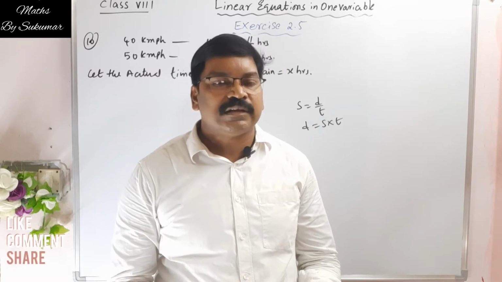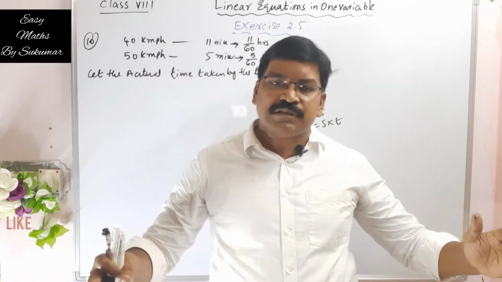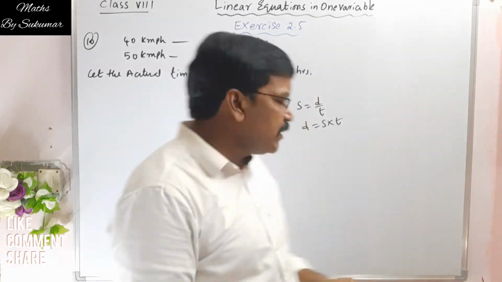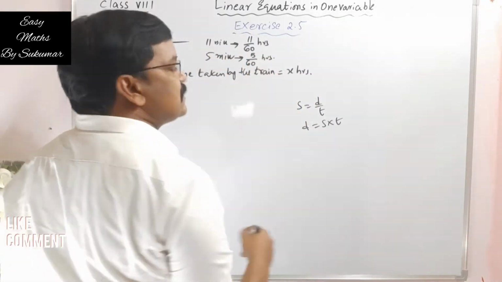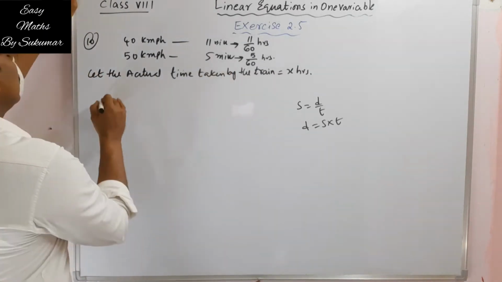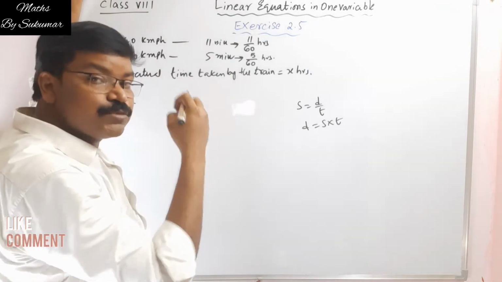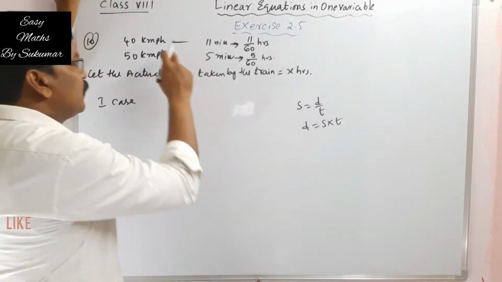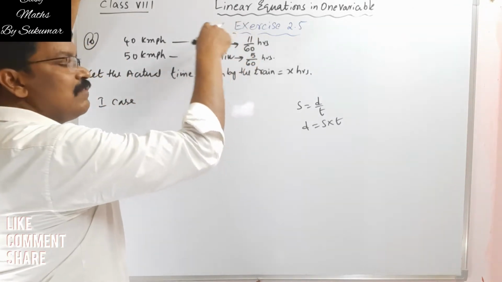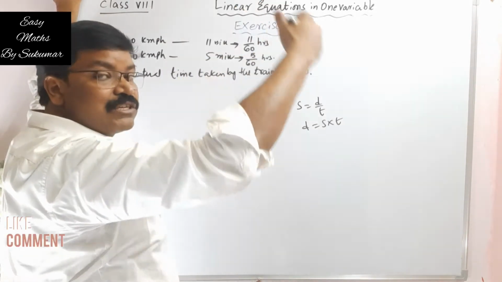The distance covered by any vehicle is same. So, in both the cases, the distances are same. Therefore, in the first case, if it runs at a speed of 40 km per hour, it would take 11 minutes late. The train runs by extra 11 minutes.